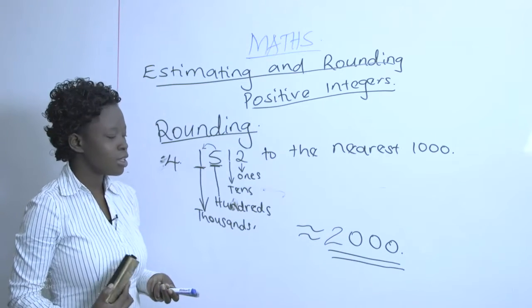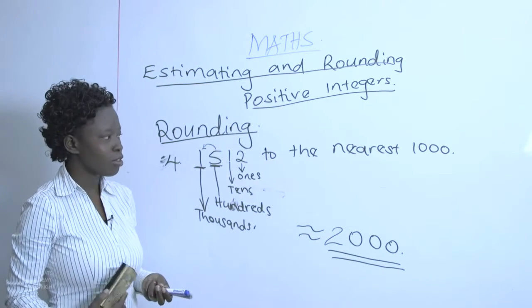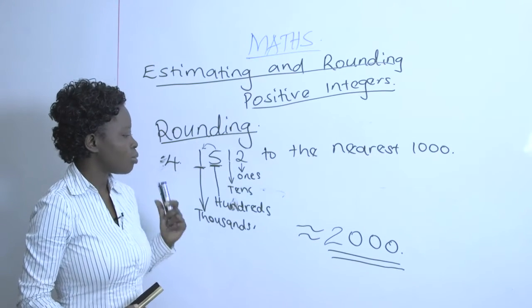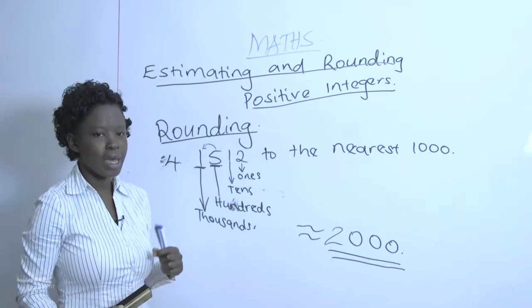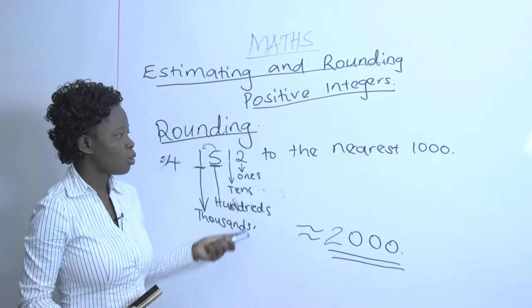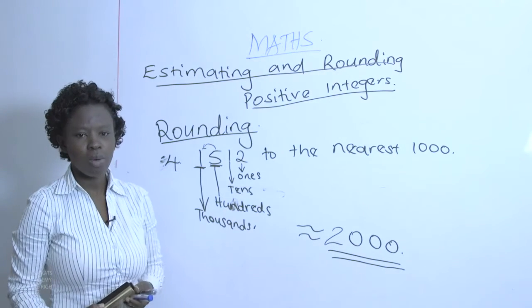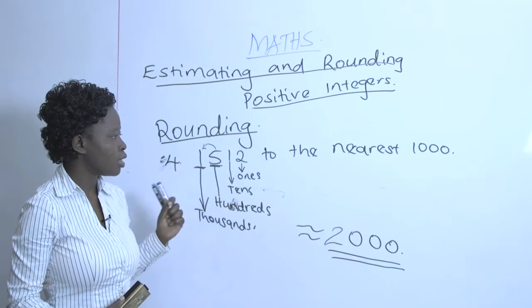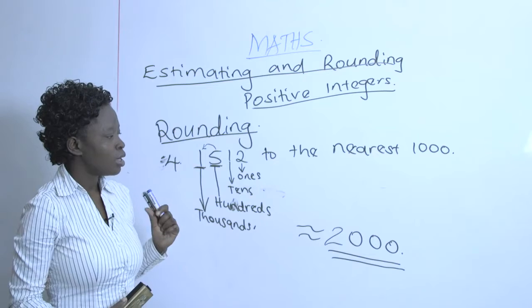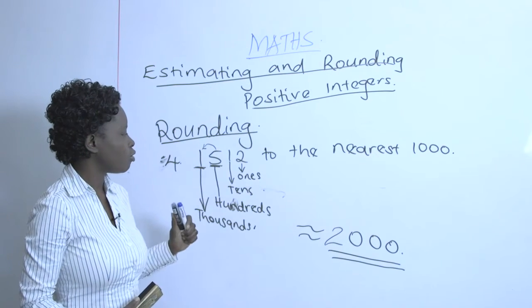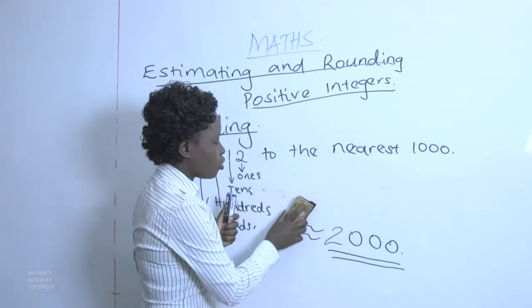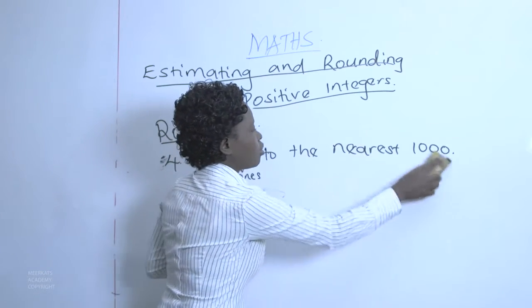But if the digit is 5 and above, that is 5, 6, 7, 8, and 9, then it makes your number be rounded up. So that is a rule that you have to keep in mind when rounding numbers or the given figure that you have in that given situation.